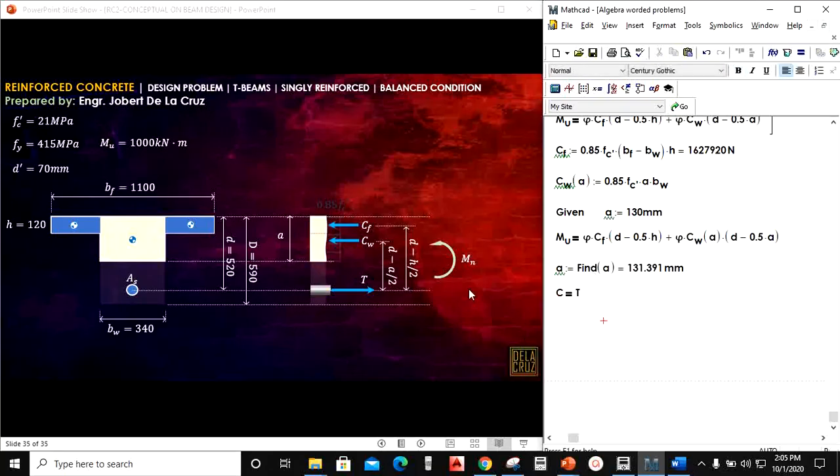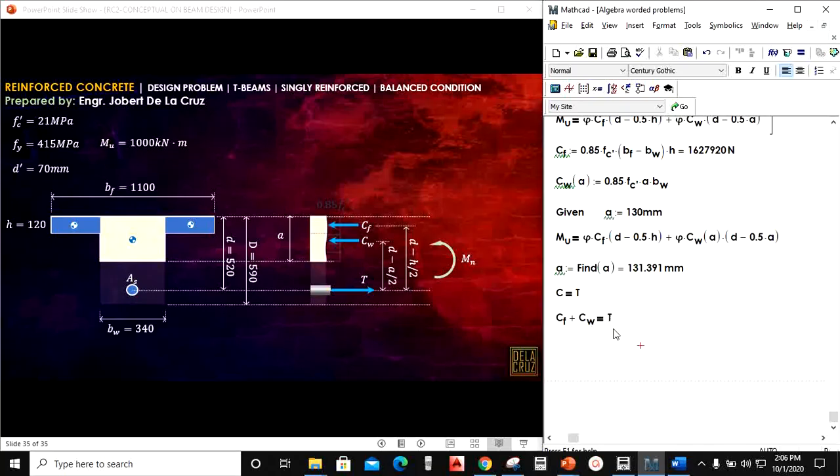And that C is composed of CF and ating CW. Okay? So, let me just say that that is CF plus CW. Okay? Equals to tension. That one. Okay? And since we have the value of A, we can directly solve that.